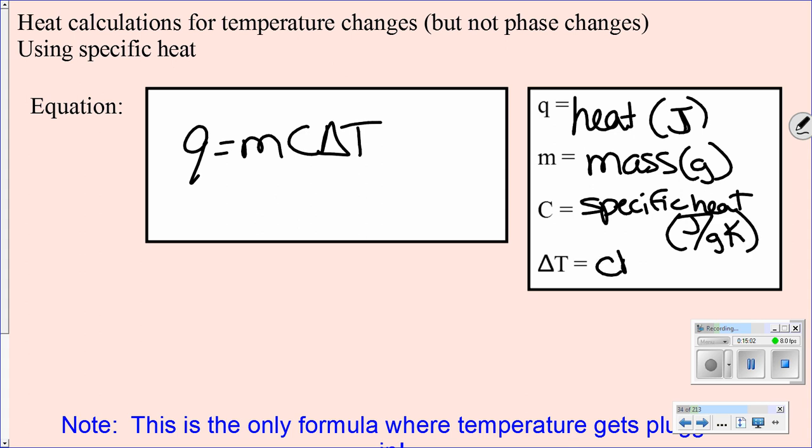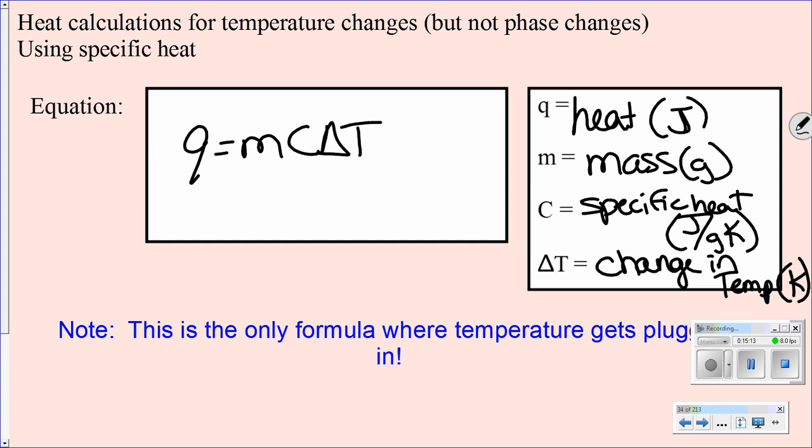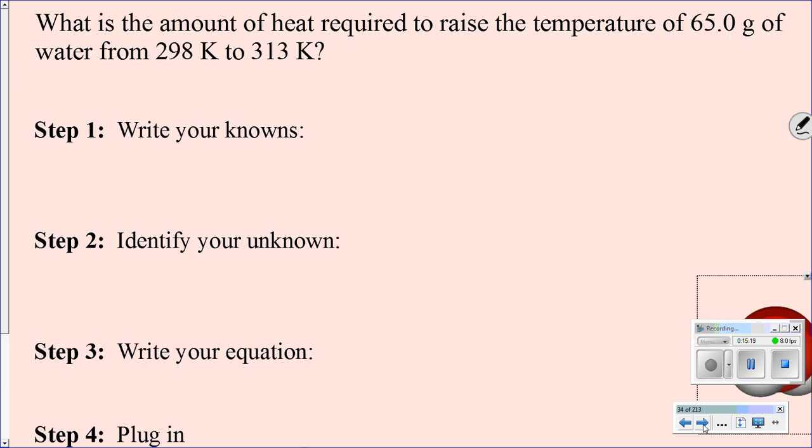And we are now going to have change in temperature. This will typically be in Kelvin, although it could also be in Celsius. So please note that this is the only formula where you plug in temperature. We will be plugging in a change in temperature here, which is different than the other ones where we have a set temperature, since temperature doesn't change during phase change.